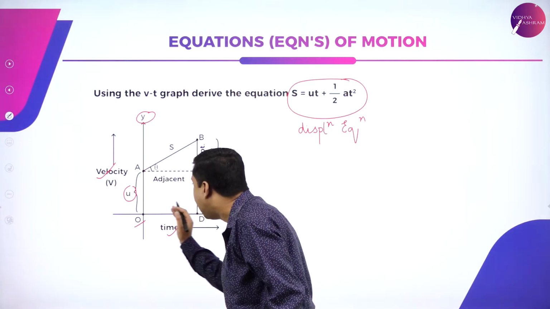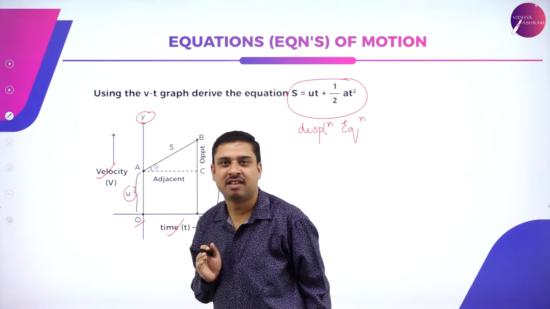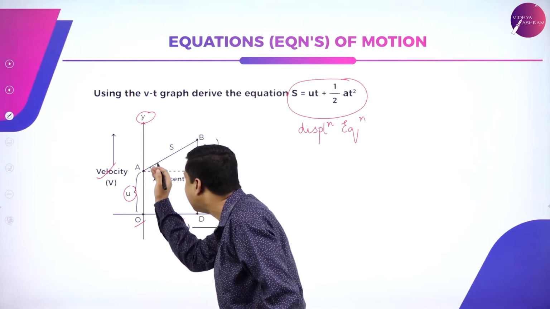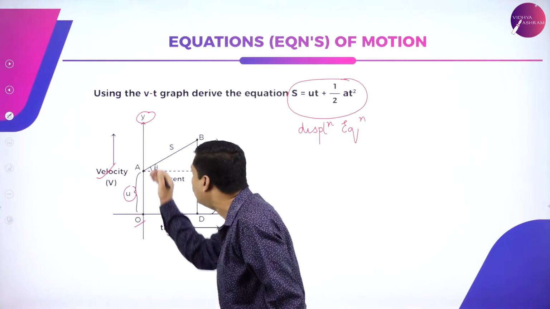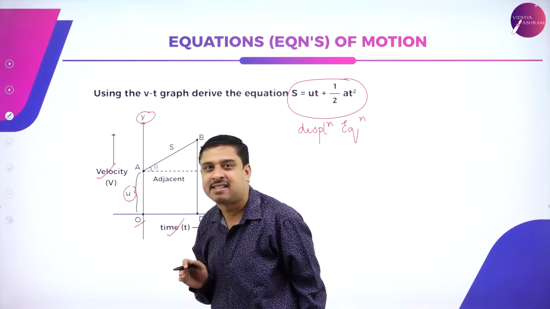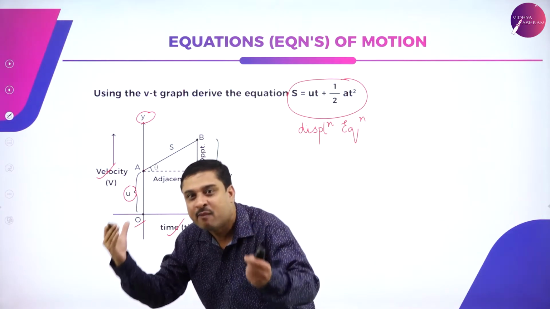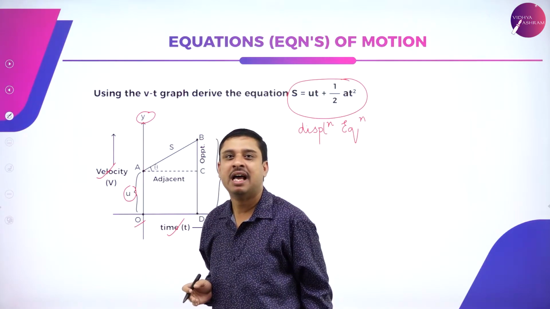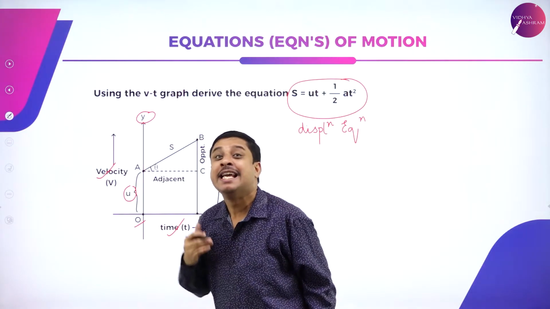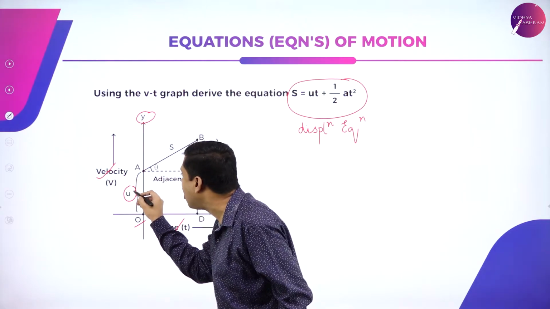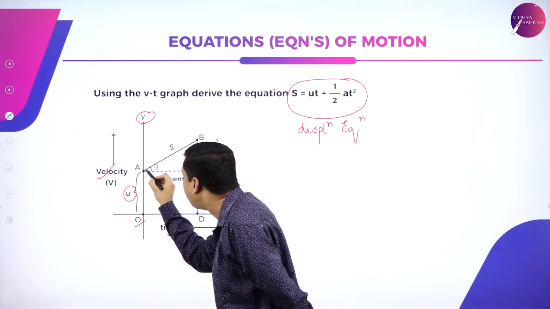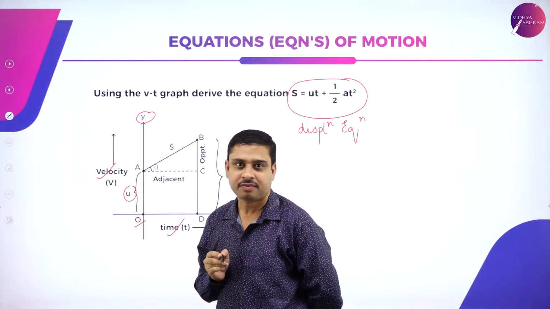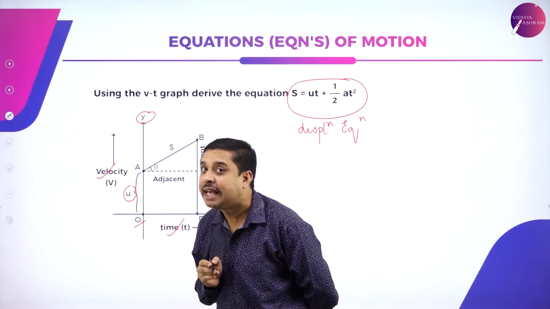As time has progressed, the body has started moving. It moves along the y-axis. It has some velocity now. I call that the initial velocity. And it has reached the point A. What is happening at the point A?